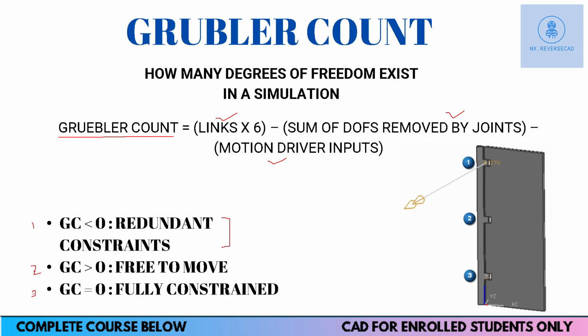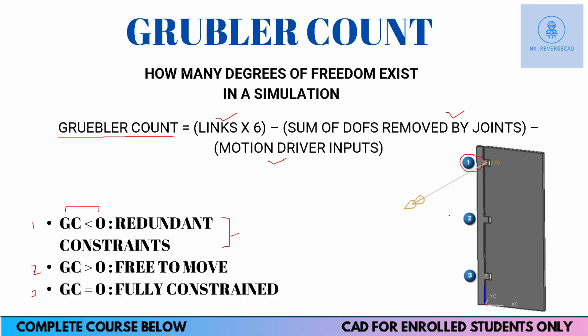Now, this is case number 1. When the Grubler count is less than 0, it is a case of redundant constraint. What redundant constraint means is, if you see this figure here, this part is fixed using this one joint, right? So it has made some constraint.